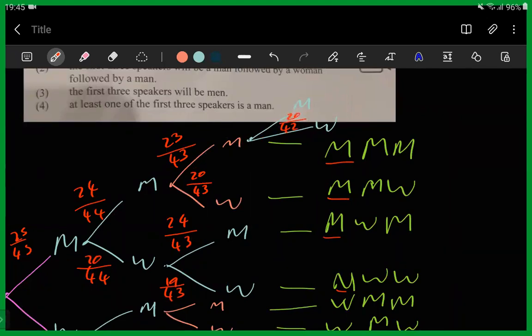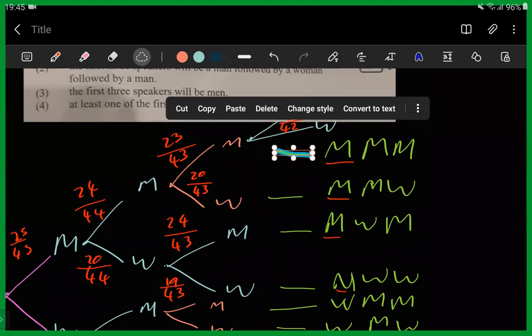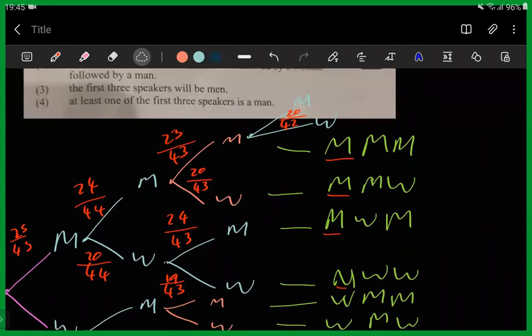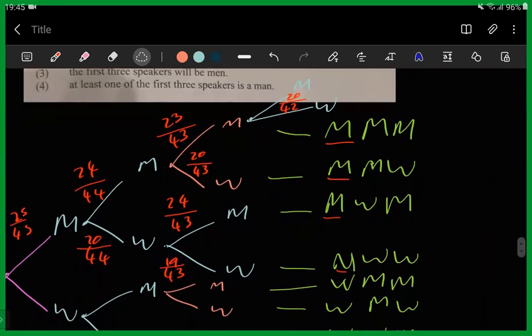By the way, I have a quick question. Between the first man and the second man, the 24/44, right, you took one out. Now my question is, why didn't you take one of the women out?